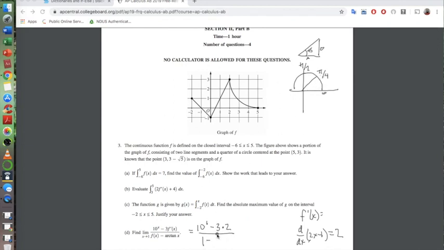So we'll subtract from that pi over 4 and simplify a little bit. 10 to the first is 10 minus 6 is 4 over 1 minus pi over 4. Good enough.